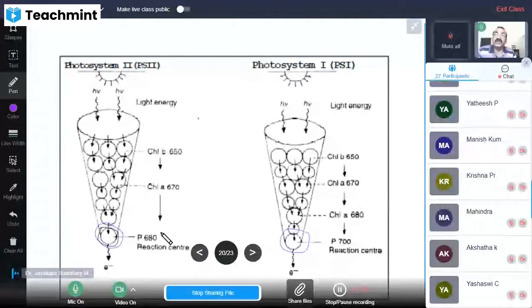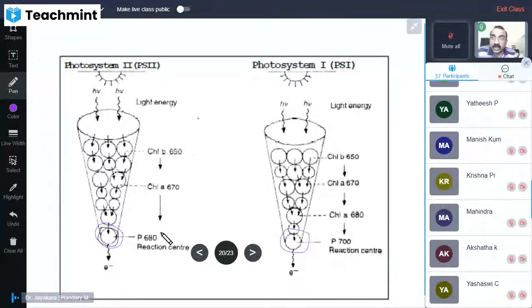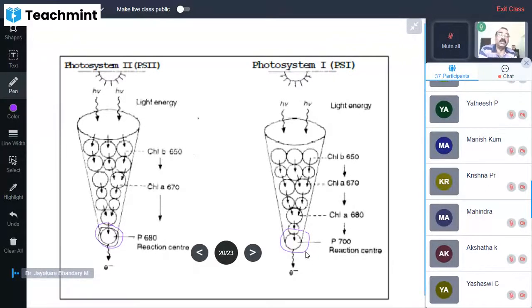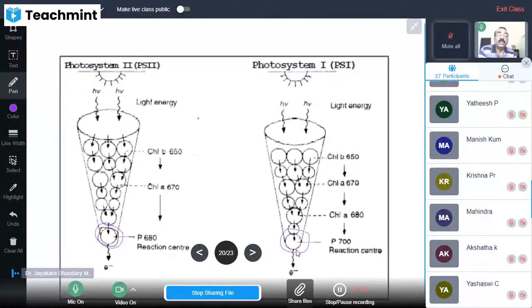So the difference is only in the absorption property of the chlorophyll A molecule. One absorbs light of 680 nanometers or less, and the other absorbs light of more than 680 nanometers, that is around 700 nanometers. So maximum absorption at 700 nanometers in photosystem 1, therefore it is called P700. Here the maximum absorption is at 680 nanometers, therefore this is called P680.